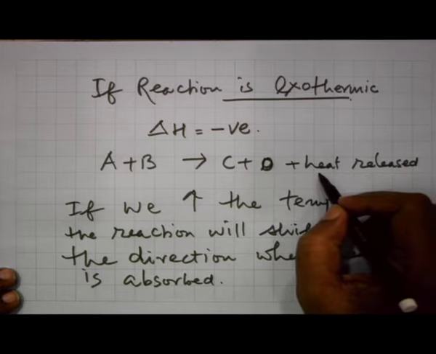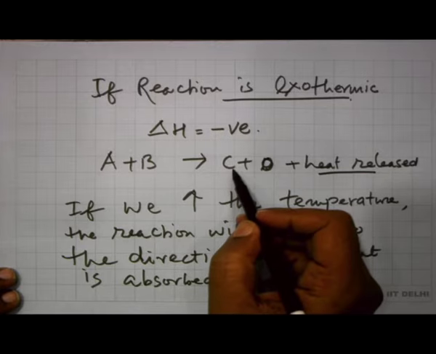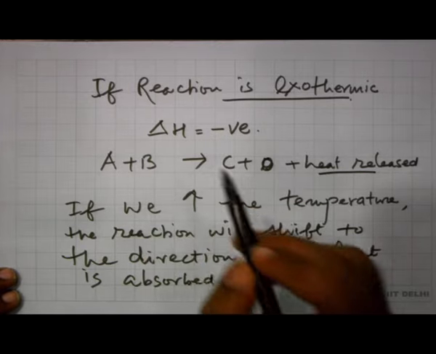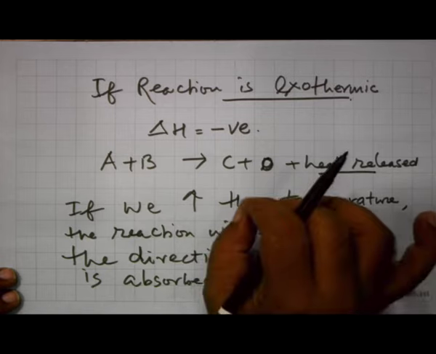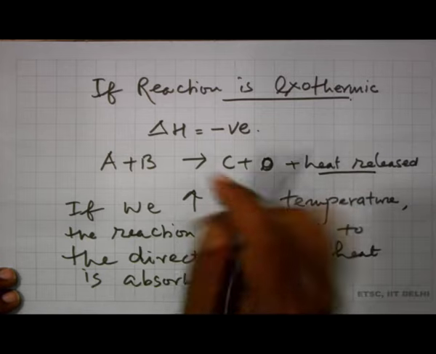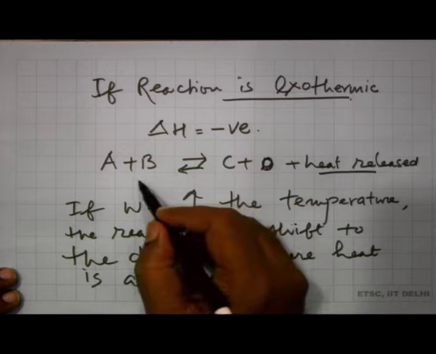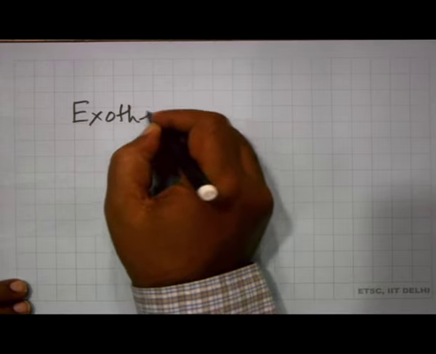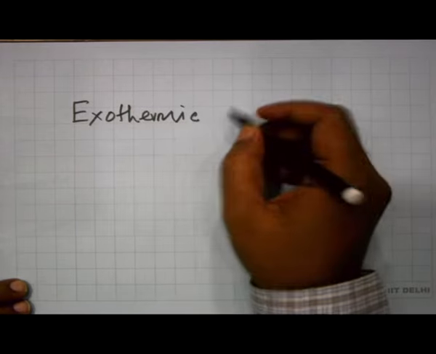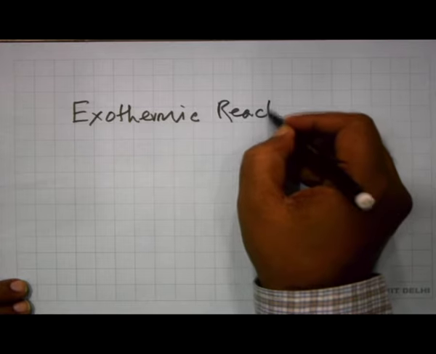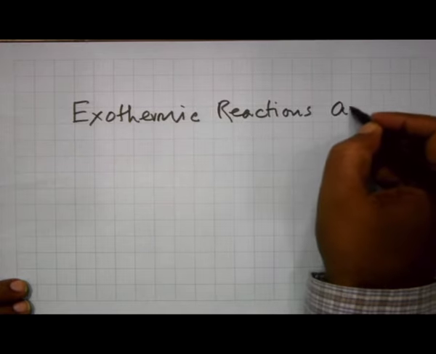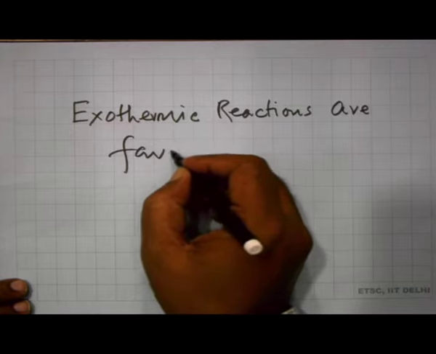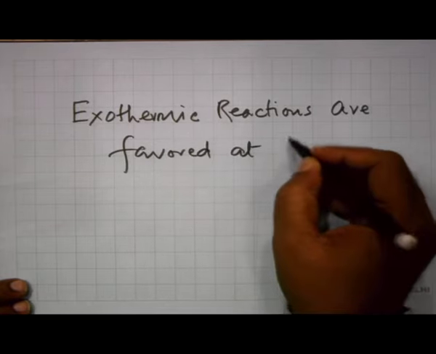Since in exothermic reactions heat is released, heat is absorbed for the reverse reaction. So if I increase the temperature, the reaction will shift towards the reverse direction. So basically exothermic reactions are favored at low temperature.